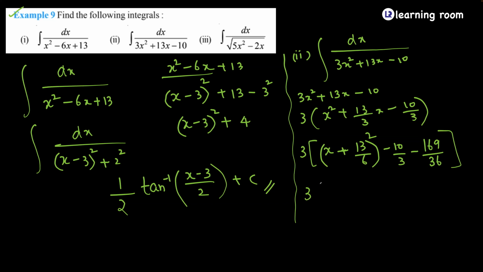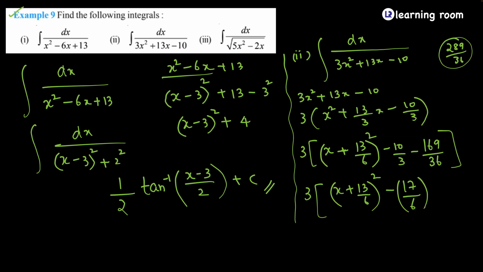So I will have 3 into x plus 13 by 6 the whole square minus 289 divided by 36. But 289 is 17 square. So minus 17 by 6 the whole square.